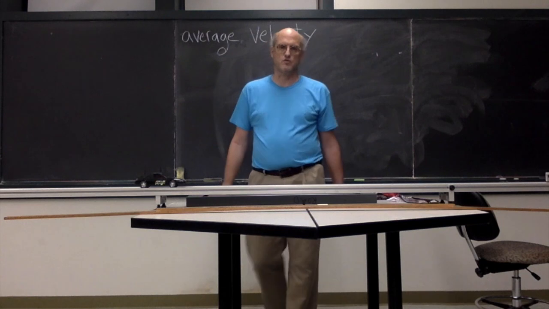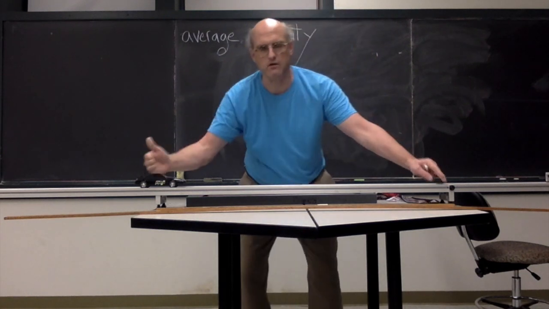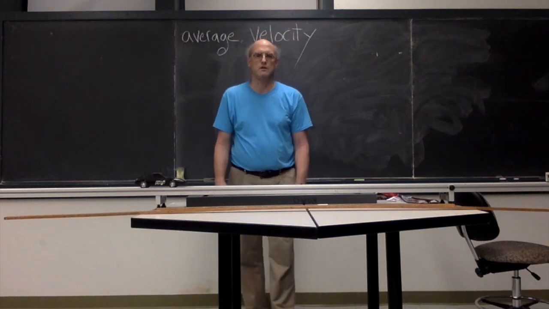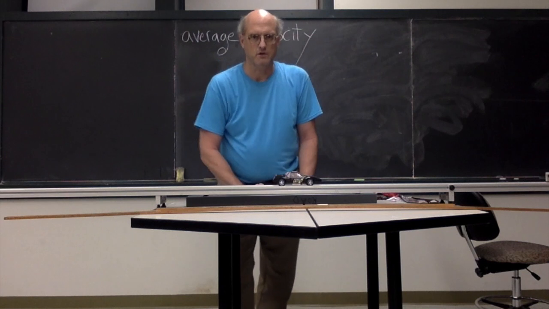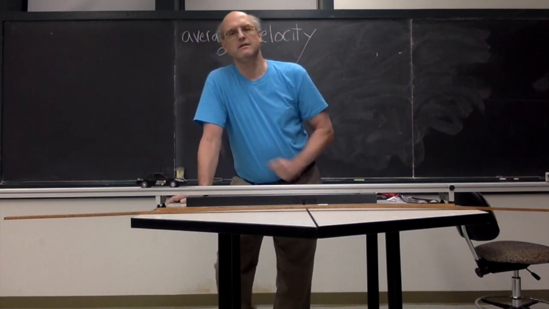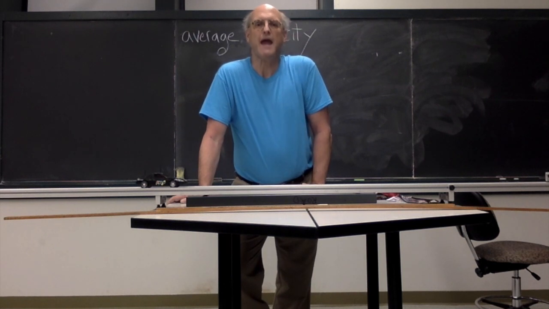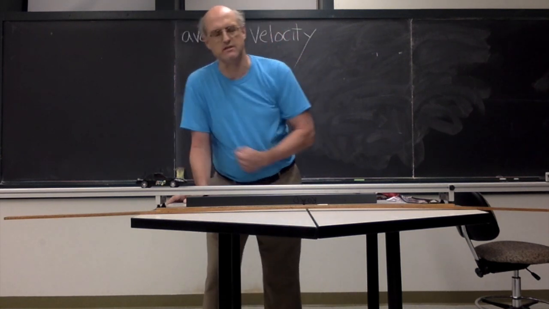What distance did it travel? Half meter plus a meter, so it went 1.5 meters. What's its displacement? Well, it started here and it ended up here. So wasn't it displaced -0.5 meter, where the negative means it was displaced to the left?